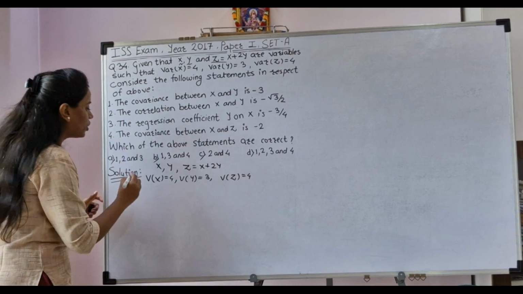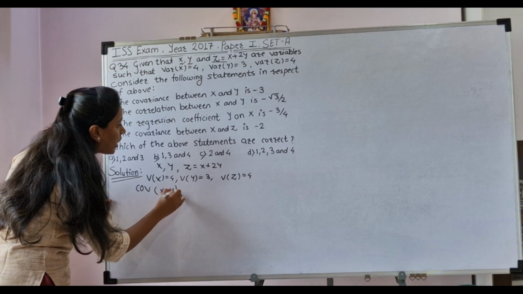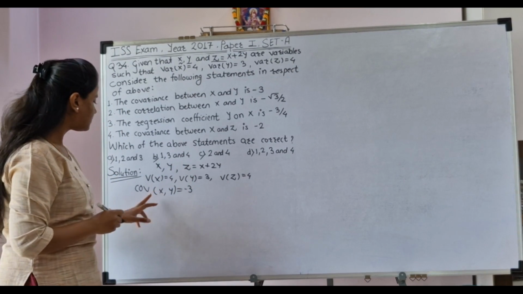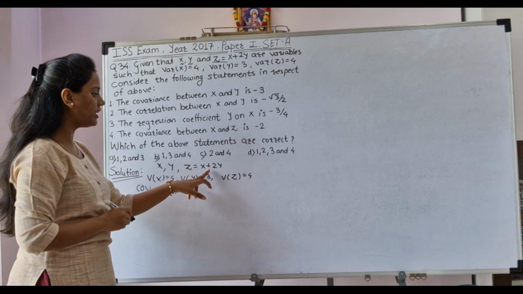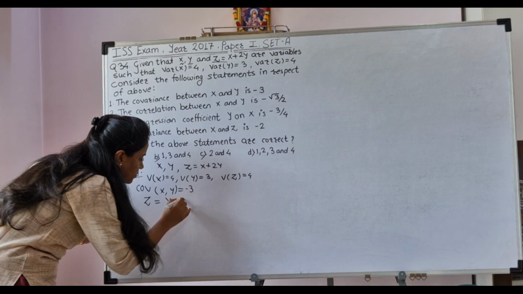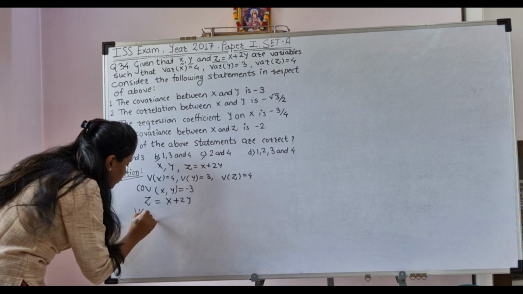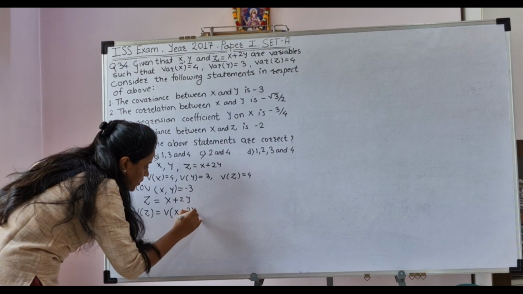First statement, we want to check whether the covariance between x and y is -3. Okay, how can we check that? Here we know the z variable is defined as x plus 2y. So let's write down z equals x plus 2y. Let's take variance on both sides. So variance of z equals variance of x plus 2y.